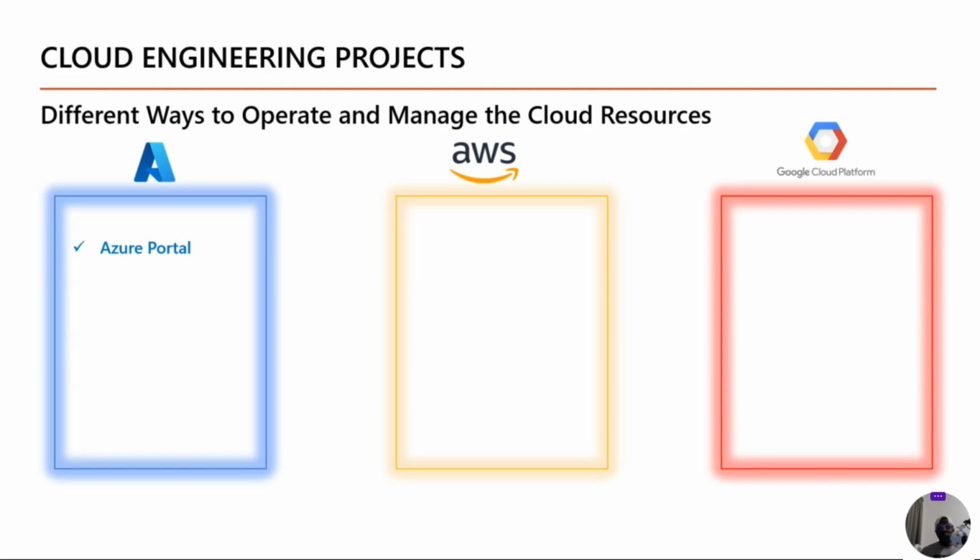Then the next client is the AZ CLI, which is basically Azure CLI. As the name implies, AZ CLI is the Azure Command Line Interface client that allows you to use a set of AZ commandlets, which are Azure commandlets, to manage Azure resources.